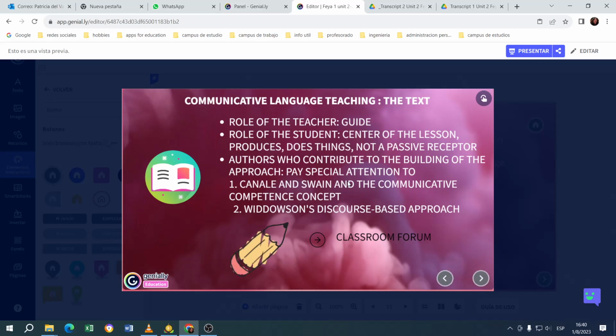Sentences are not discourse. We do not find sentences in real life. We find discourse. This is language alive, language situated in a particular context, produced by a particular person for a particular purpose, and these are all elements that need to be treated in the classroom. They need to be addressed. They cannot be overlooked. This is what we refer to as sociolinguistic competence.